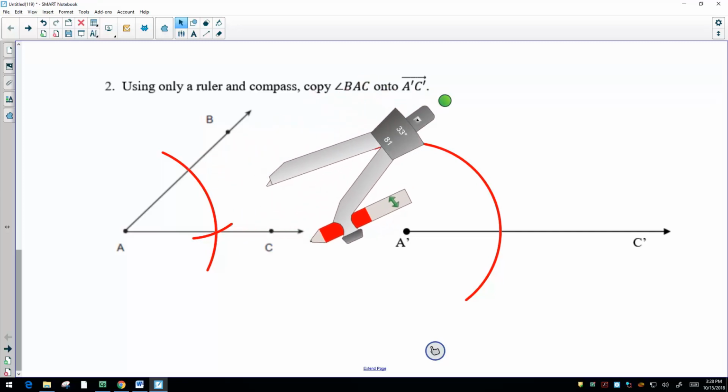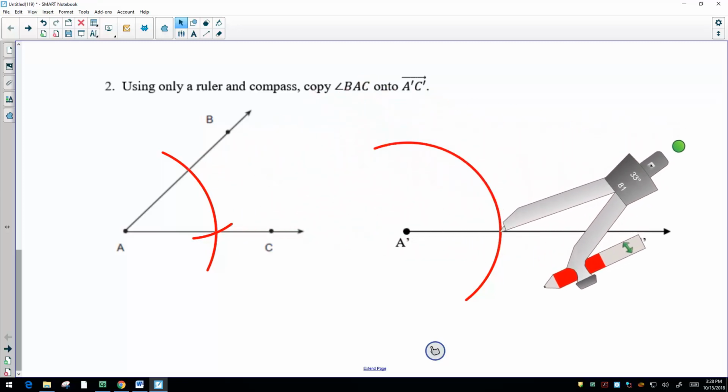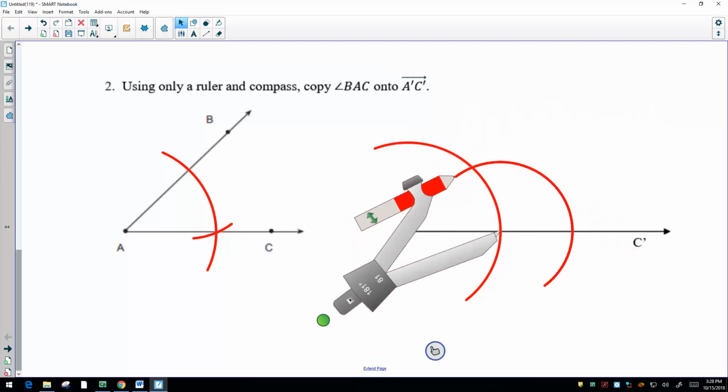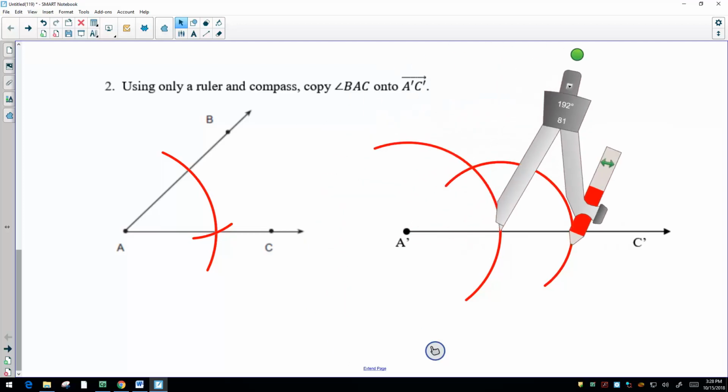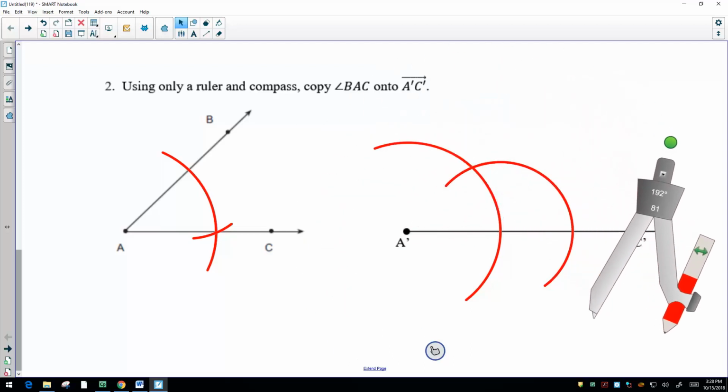Okay, at that point, I'm going to pick my sharp point up, move it over to the point of intersection, and again, we're going to make an arc, and you can make a great big arc. And so again, I find that point of intersection. So with a straight line, you're going to take vertex A, you're going to connect it to that point of intersection, and now I can see that we have copied angle BAC. So if we were to label points, this would be point B prime, and we have C prime already labeled.